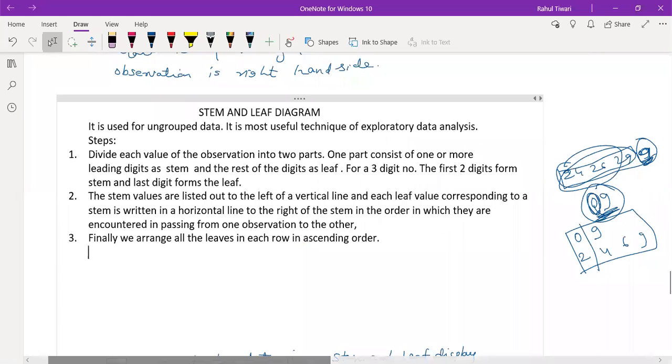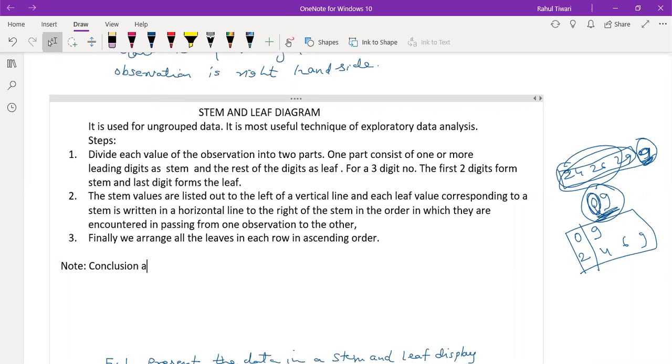And the applications are the same, right? Note: the conclusion and application is similar to a histogram.